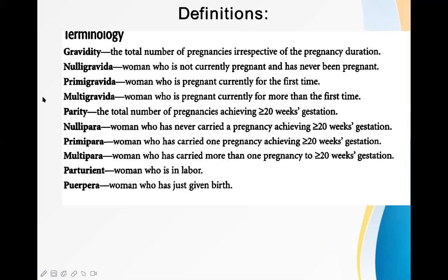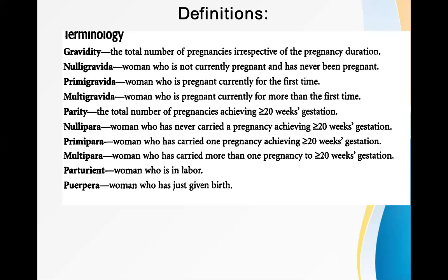Nulligravida: a woman who is not currently pregnant and has never been pregnant. Nulli means nil, zero. She has never become pregnant. Sometimes the lady thinks she's pregnant, but the pregnancy test is negative. This is nulligravida.